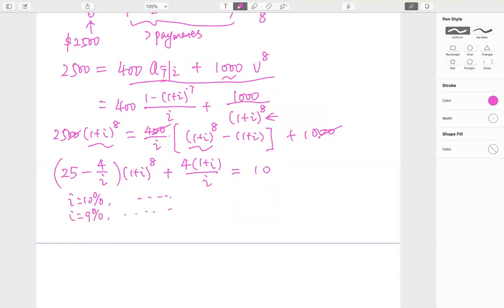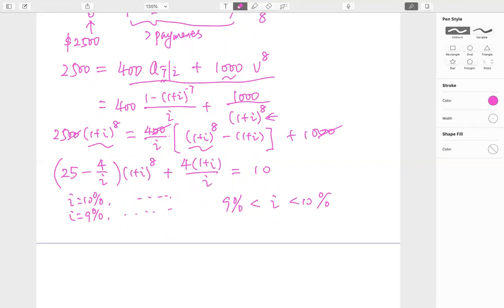You will get a different value which hopefully is smaller, and then it will be between 9% and 10%. Technically, if you want, you can also apply the so-called linear interpolation. That is something you don't technically need to learn, so I don't do that here.